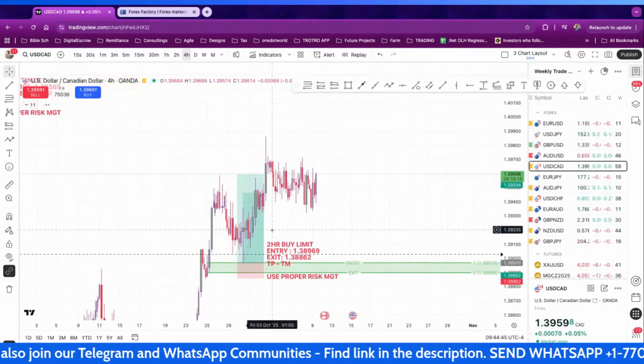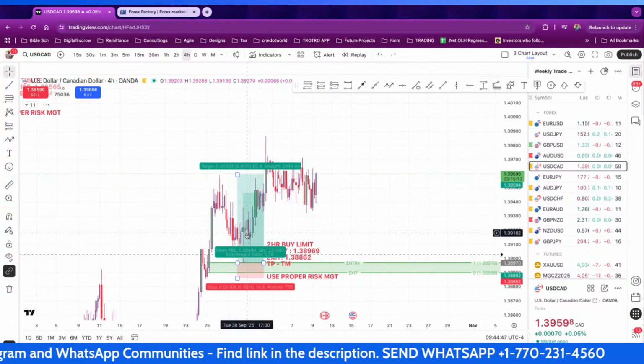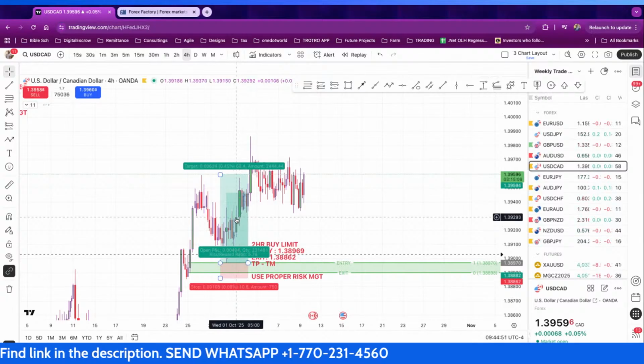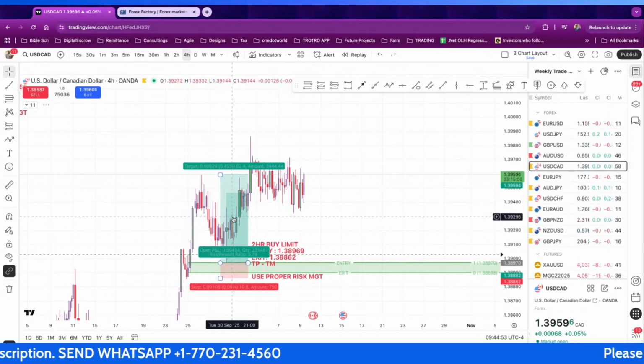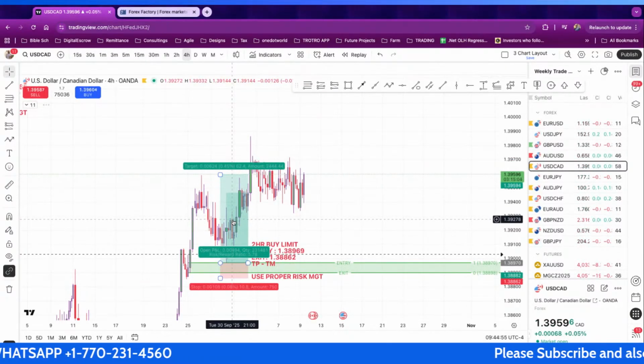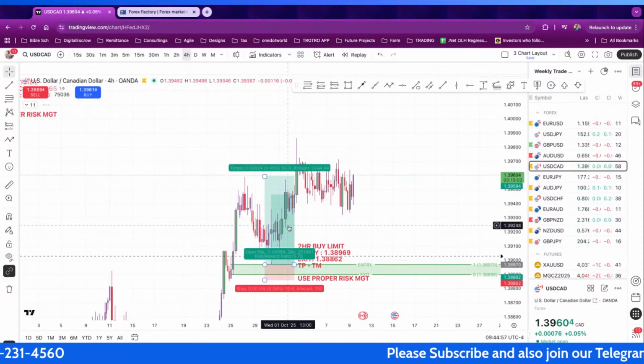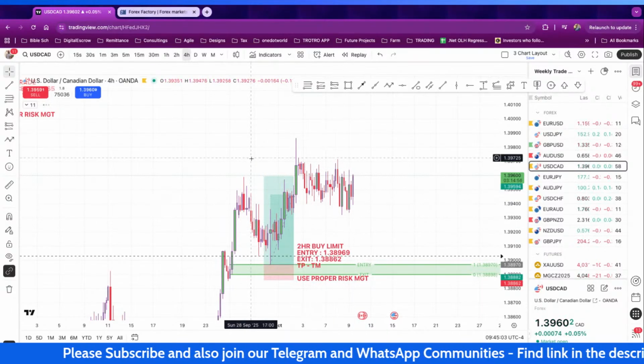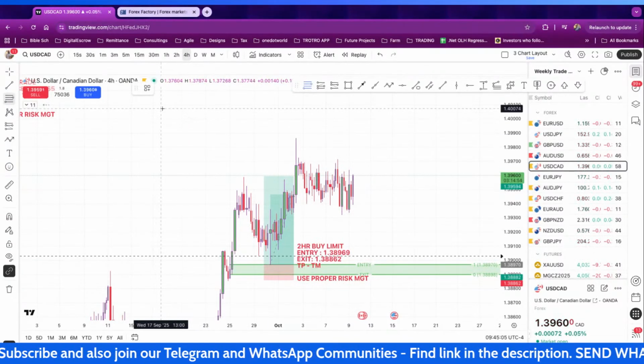Yep, the market may have done. I like this. Wow, this is really cool, but I don't like all this sideways chopping over here.